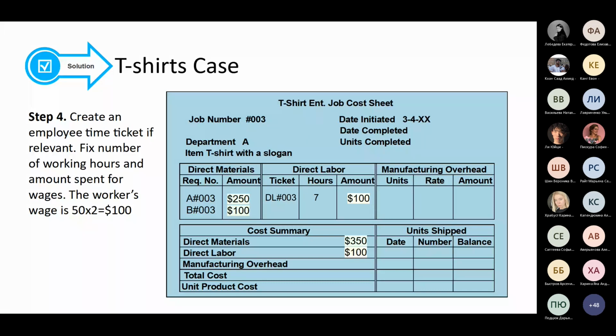If it is not relevant, we can use the Bitrix system or some other accounting system to calculate those working hours spent to prepare this order. And we can see that our employee spent 7 hours and his wage is equal to $100 because we pay to our worker $2 per each t-shirt. So direct labor is equal to 100, and our cost summary will also include this value.